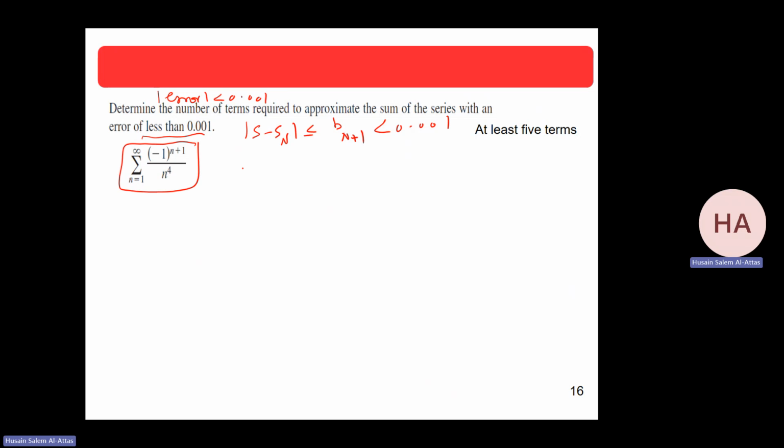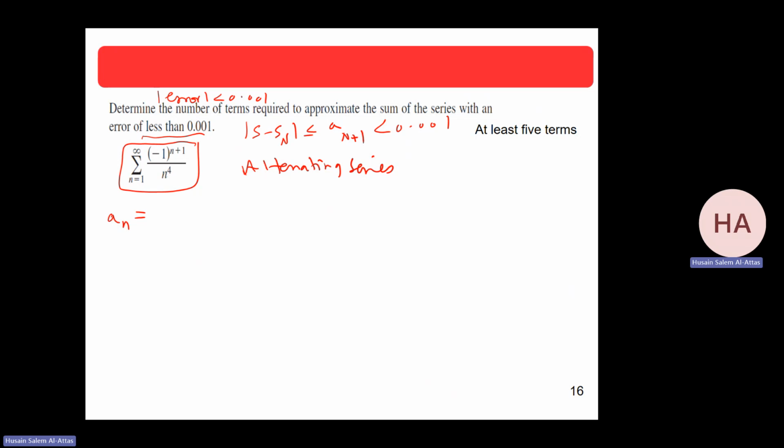Is it alternating? Yes, alternating, because this works with convergent alternating series. So you have An or Bn, I'm using An usually.